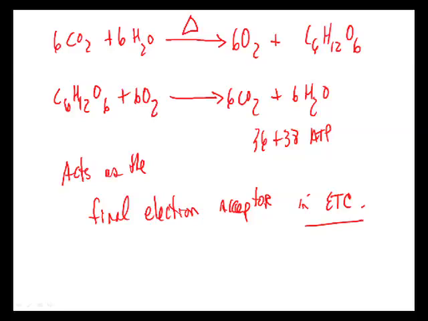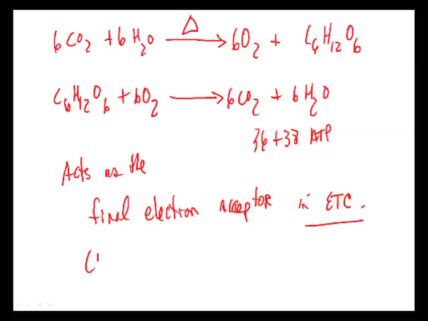So why do we need oxygen? Because it acts as the final electron acceptor in electron transport. Why do we need oxygen? Acts as the final electron acceptor. Why do we breathe? To bring in the oxygen and to get rid of the carbon dioxide.